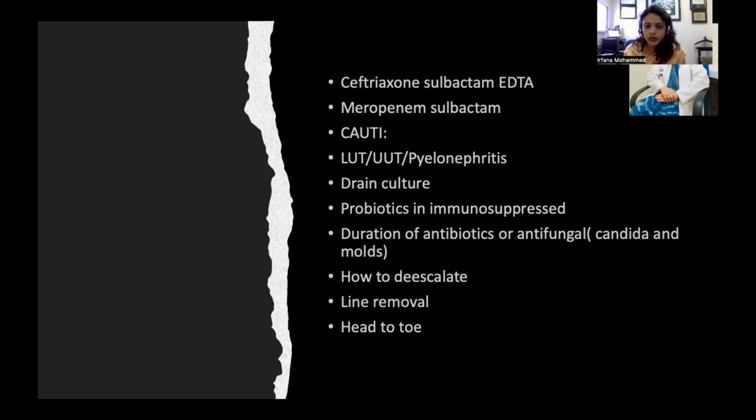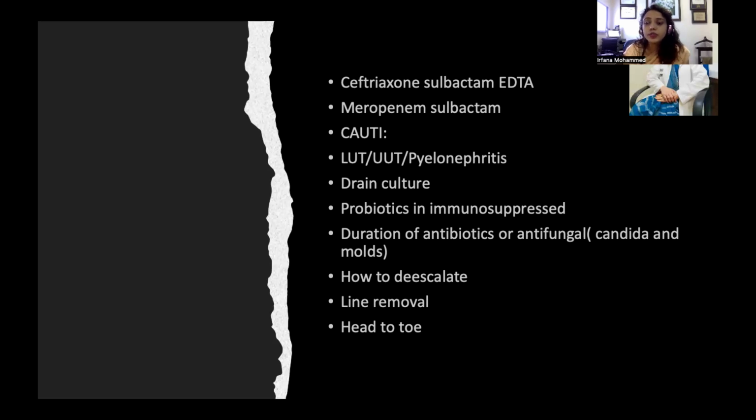And how to de-escalate, that is also very important. If you are giving some IV antibiotic and the patient is being discharged home, you just don't give any random antibiotic. You are just writing cefuroxime, you are just writing fluconazole. It is not the way. You have to go back to the previous culture report and see what is the bug, what is the drug of choice, what is the sensitivity.